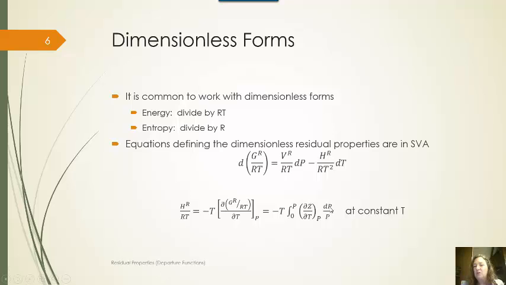This is integrated with respect to P divided by P. Now, the derivative is taken at constant pressure, but it still may have P in this answer. So be sure that you don't treat this as if it's truly a constant. Whatever answer you get, divide by P, integrate with respect to P from 0 to P. Okay?